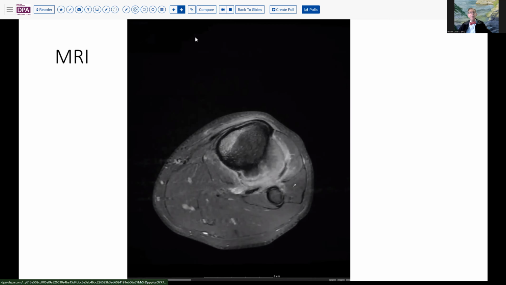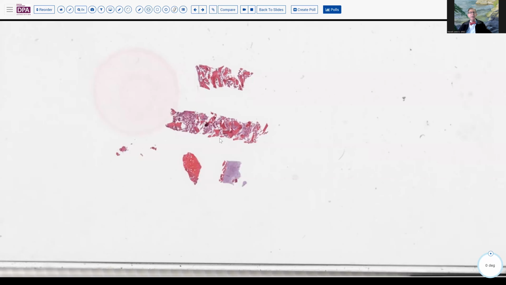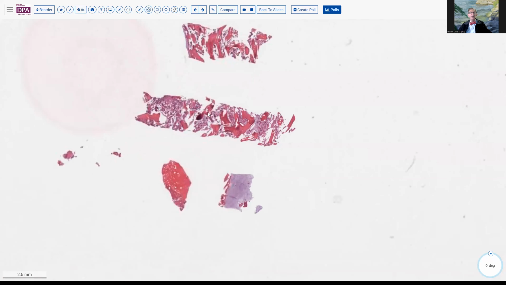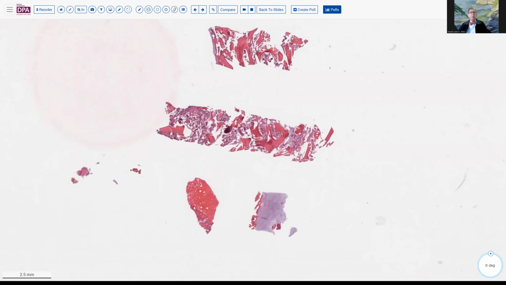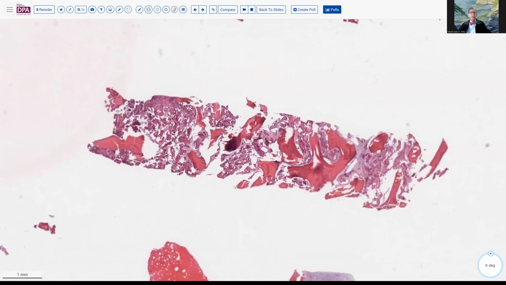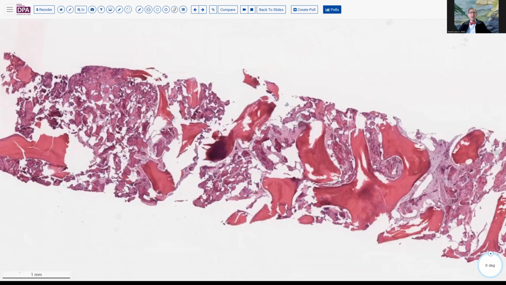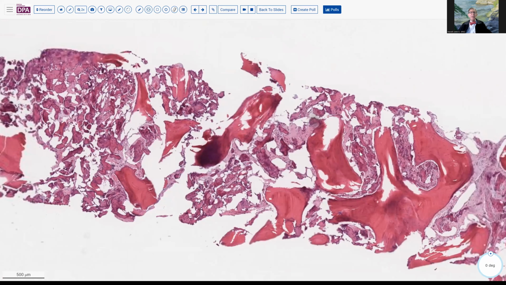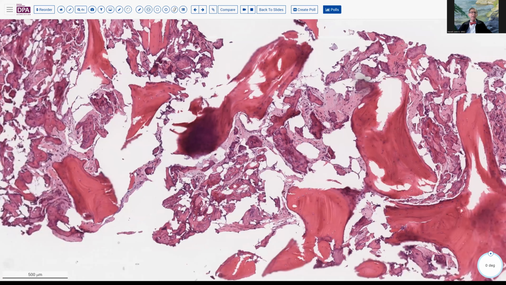So let's go back to our biopsy here again and look at another section, just to review what we're seeing that's helpful here. We see the intact bony tissue. It's not destroyed. This is a process that is infiltrating through the marrow space. And those processes usually are dangerous and not to be ignored.